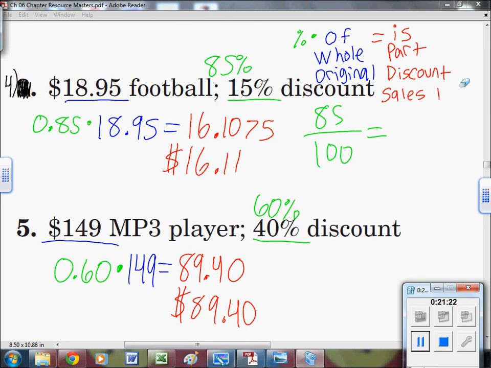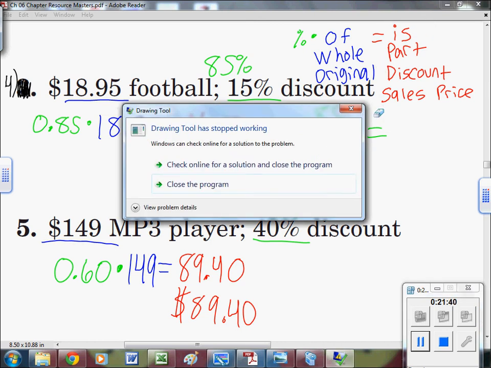So I should have mentioned that. I apologize if you've been confused. If you're doing method number 2, what it equals over here isn't your discount amount, it's your sales price. But if you're doing method number 1, the original calculation of what is your discount, what it equals is your discount. So this is what it means for method number 1, and this is what it means in method number 2.